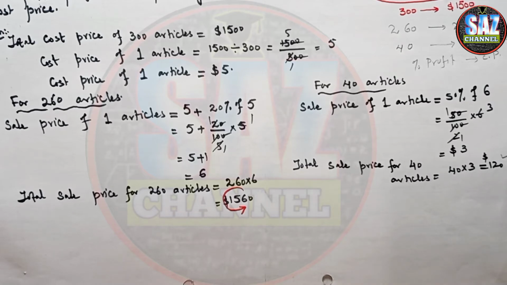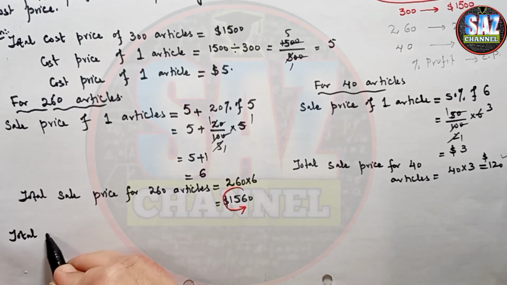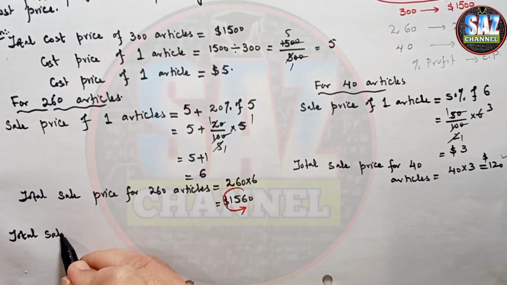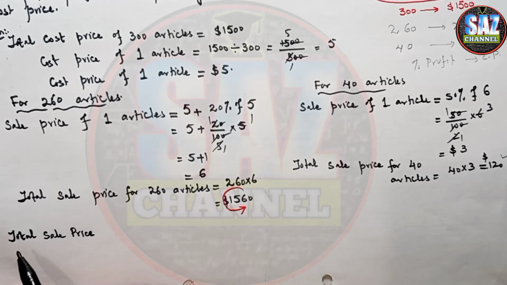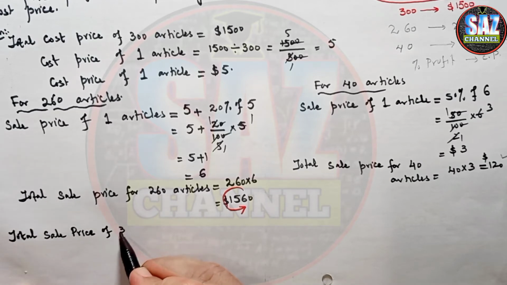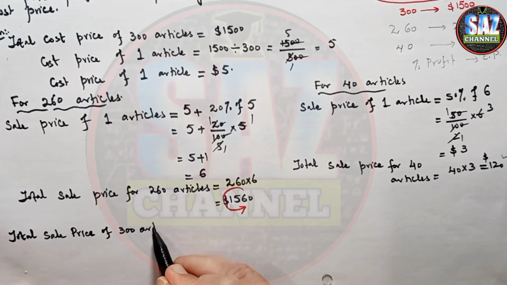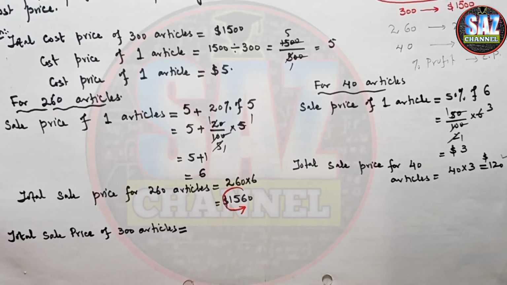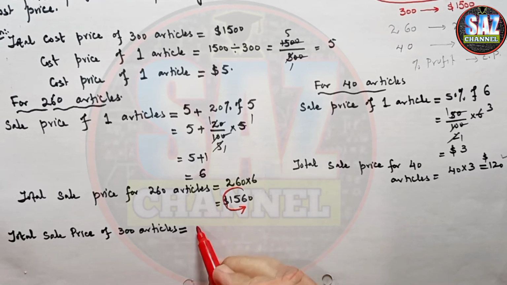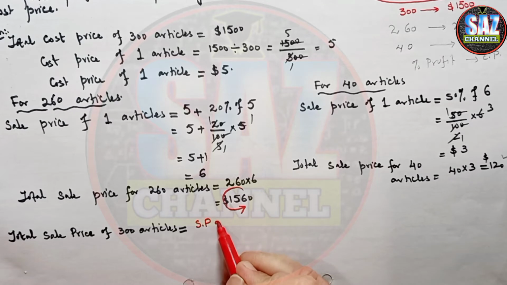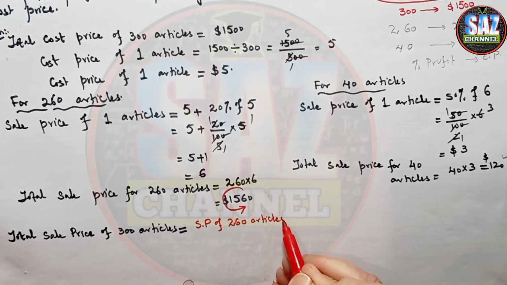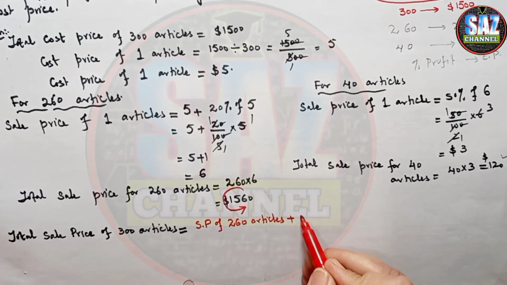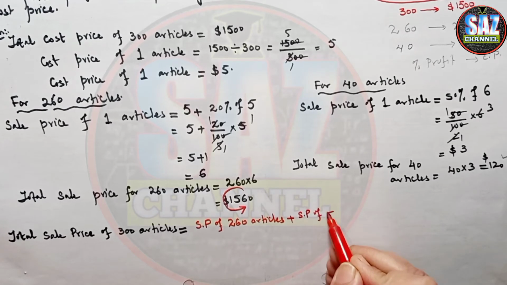In order to get the profit, we have to find the total sale price, or total amount that he will be getting for the sale of 300 articles, which will be equal to the sale price of 260 articles plus the sale price of 40 articles.